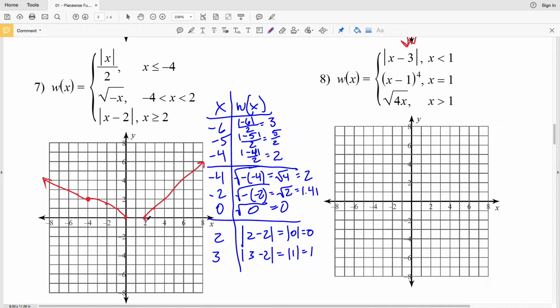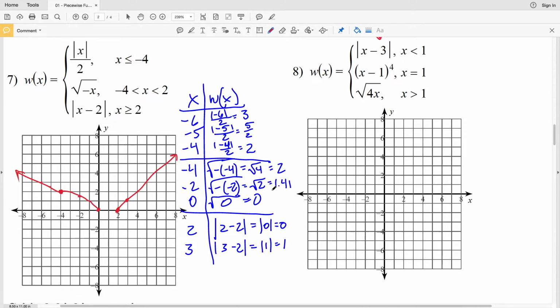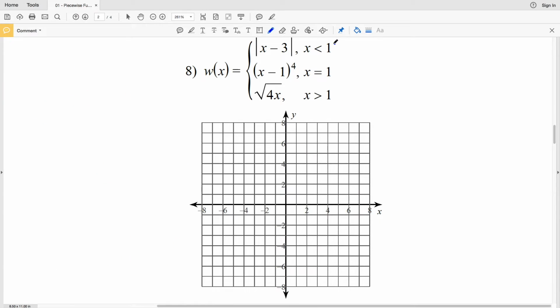as x approaches infinity. Now, moving on to our last part of this section, number 8. For number 8, starting where values of x are less than 1, w of x is going to be the absolute value of x minus 3. So I'll plug in -1, 0, and 1.